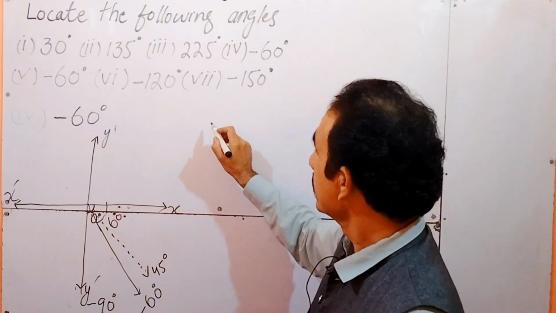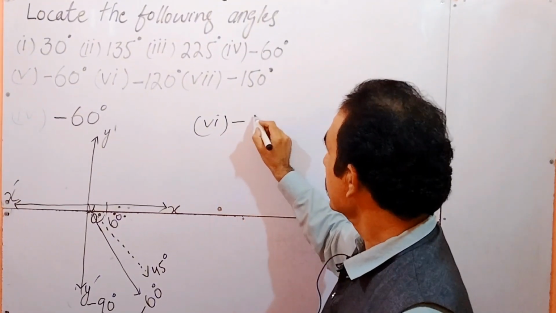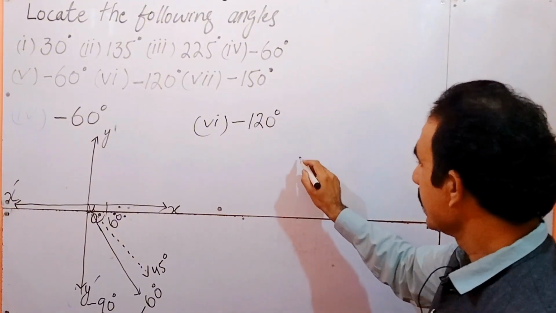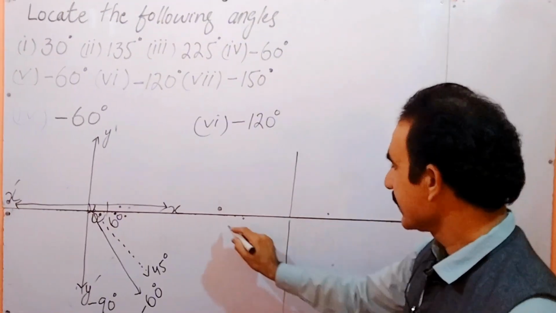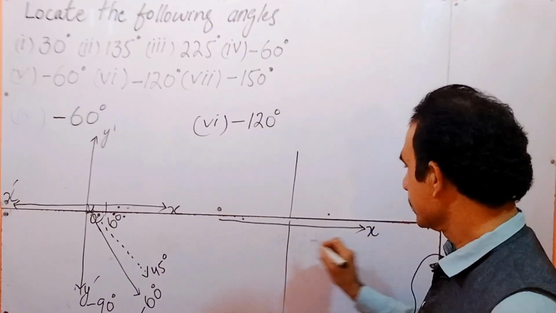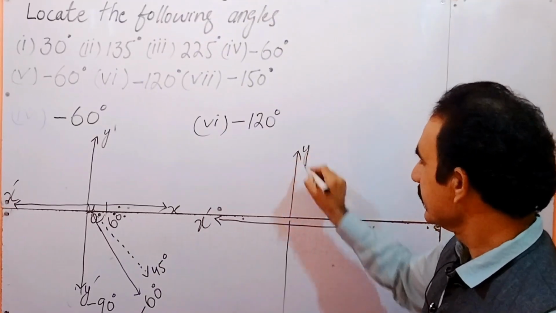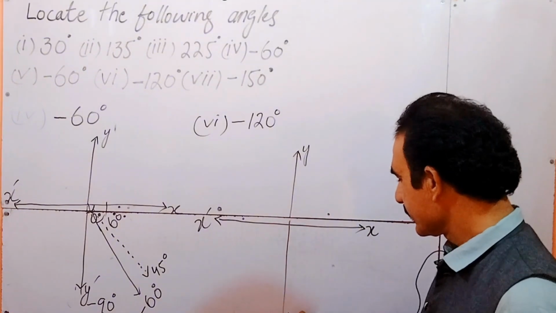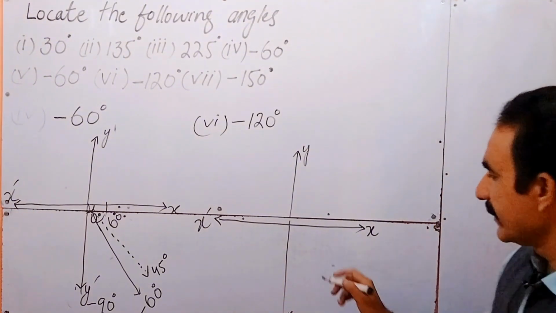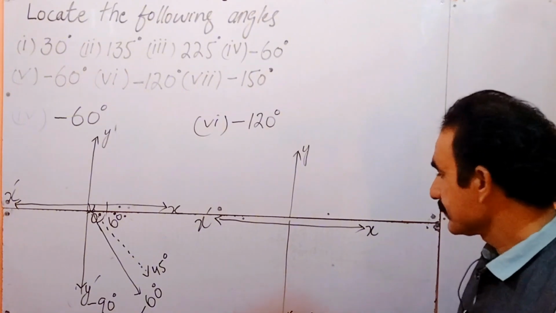Now we see 6th number, minus 120 angle. We draw here axis, that is x axis, minus x axis, y axis, minus y axis, y dash, we say y dash. Here is minus 90 angle.